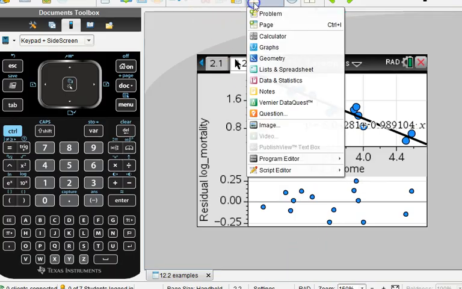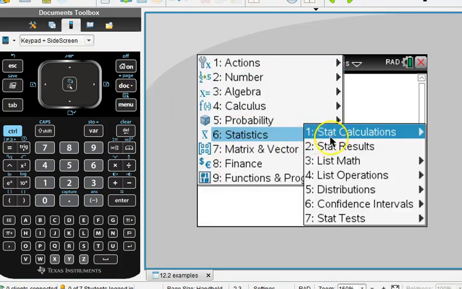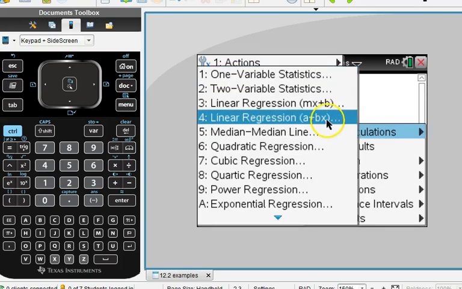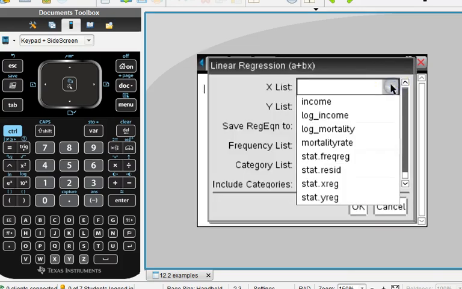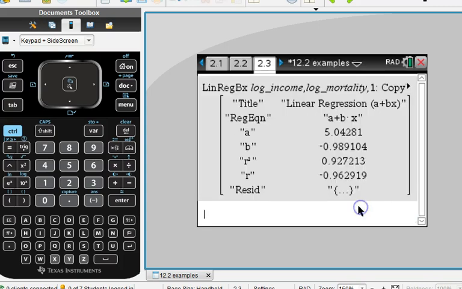If I insert a calculator page here, I just go to Menu, Statistics, Stat Calculations, and go to number 4, Linear Regression, put in my log of income, my log of mortality, and OK, and there's what I have. Now the original picture that I have on the notes says log mort because I used a different set of data. I changed the name so that it would print again, but it's the same numbers. So here's my regression equation, slope and y-intercept, and so forth.